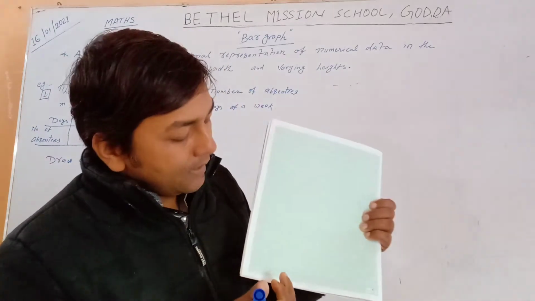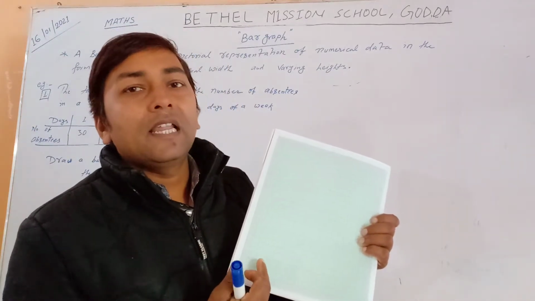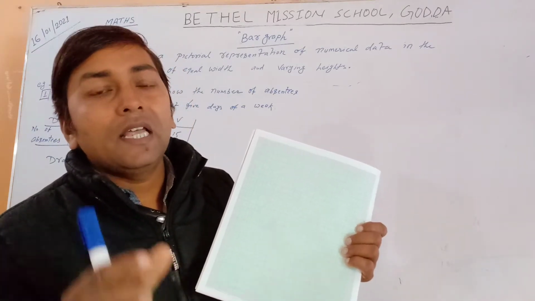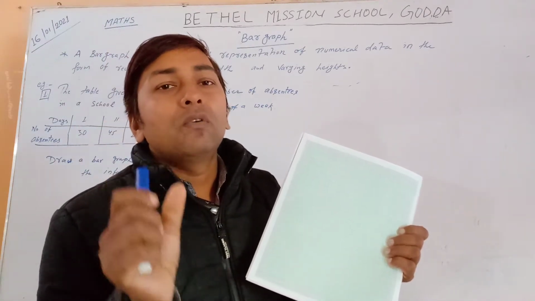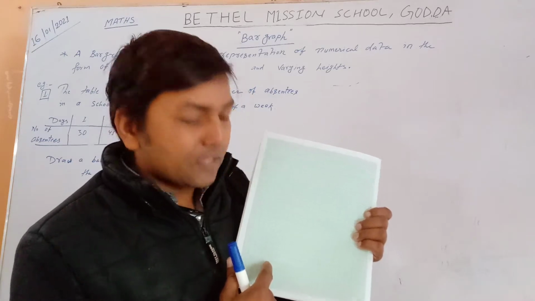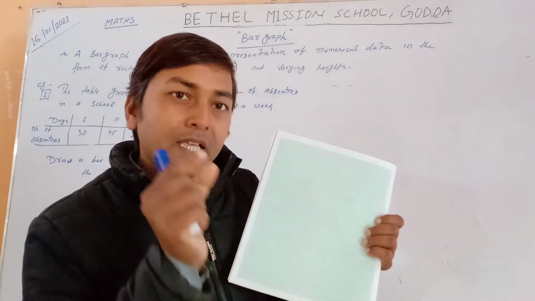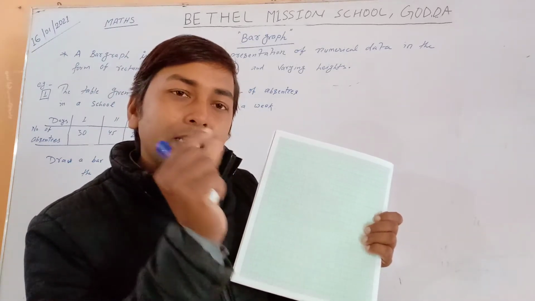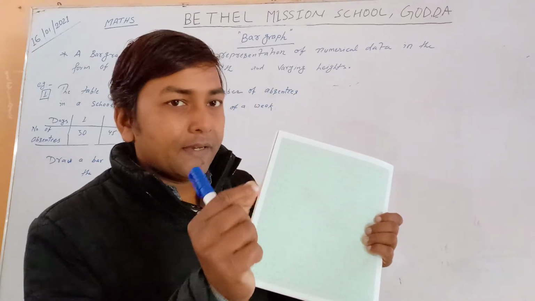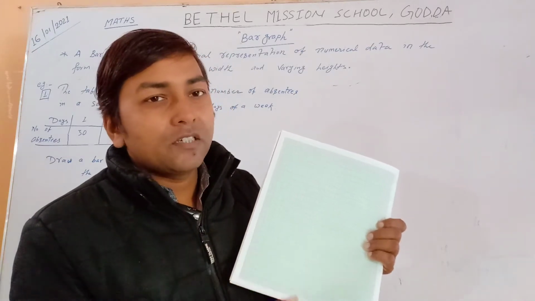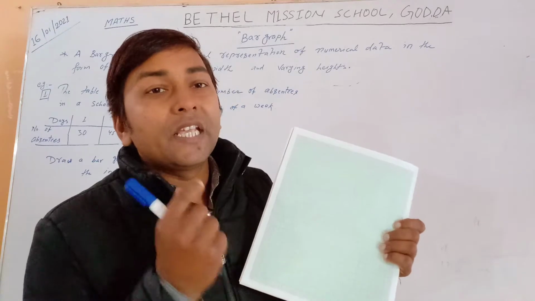Here in each square the length and breadth are equal, and it is taken as 1 centimeter. 1 centimeter length, 1 centimeter breadth. That's why it is a square.